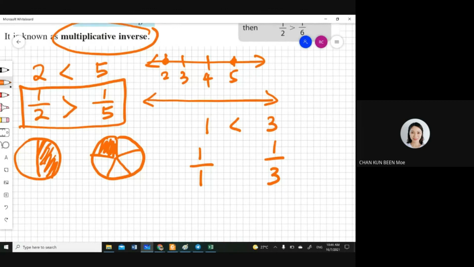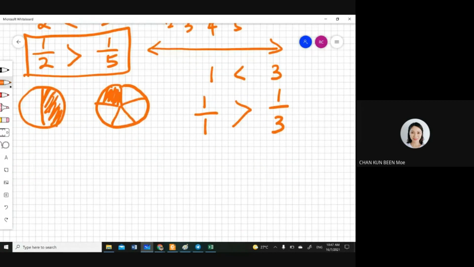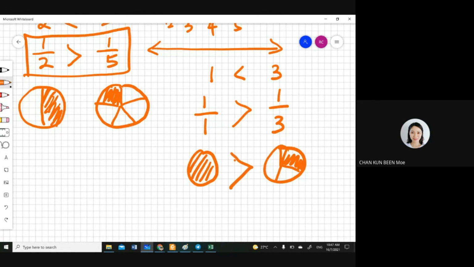You might be confused, so once I change it to reciprocal, the sign will change. It is proven also. You see, 1/1 means one whole circle, and 1/3 means 1/3 only. So 1/1 is greater than 1/3.